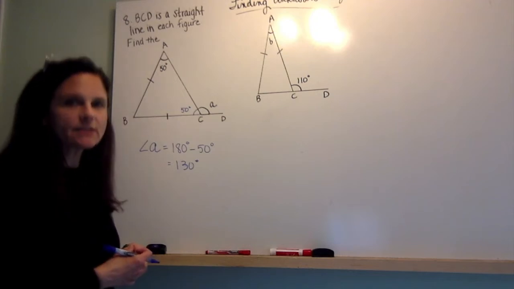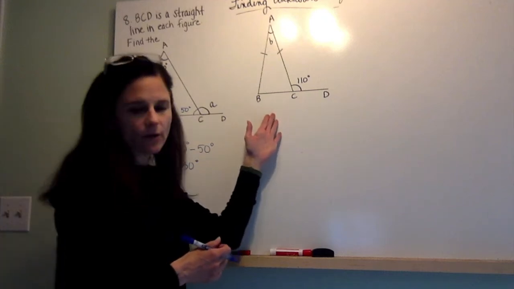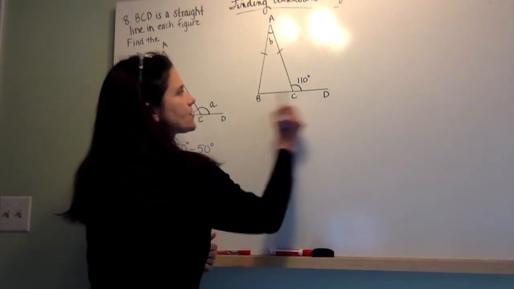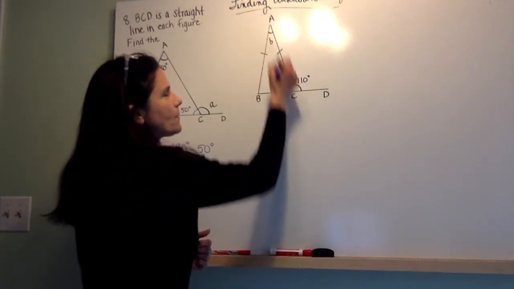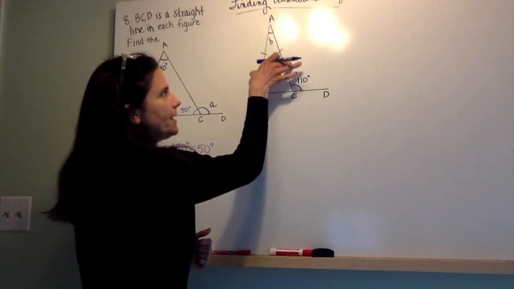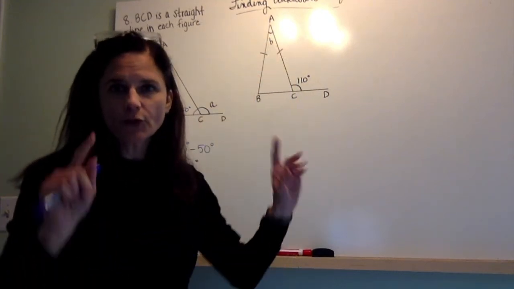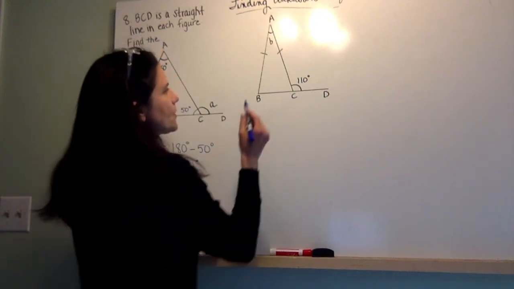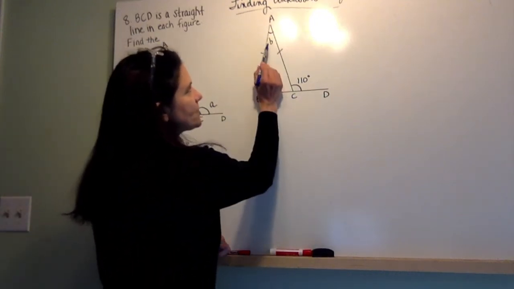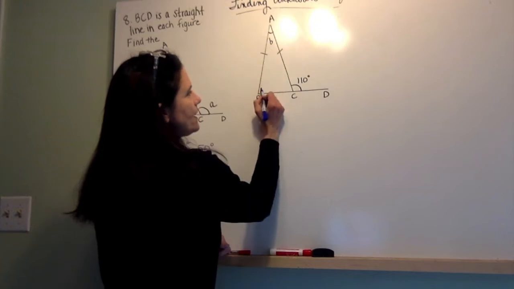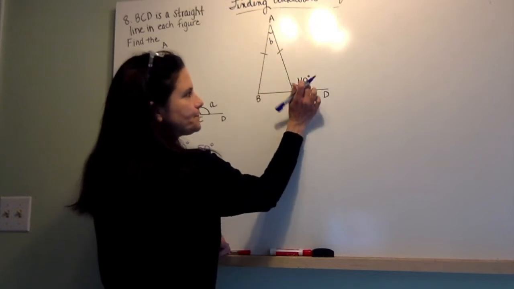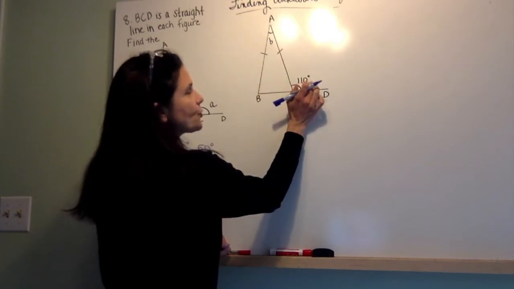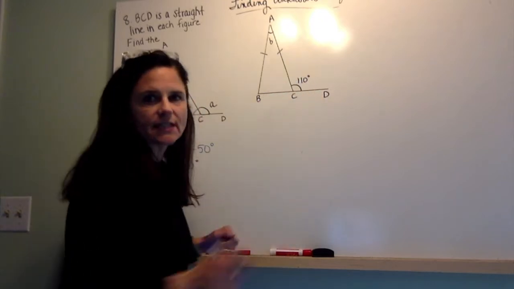Okay, let's look at the second isosceles triangle here. In this figure, again, this is a straight line. We are told that these two lines are equal. They make up a triangle, so if the two sides are equal, then we know the two angles opposite those are equal. So we're asked to find angle B, and then we're only given the external angle of 110 degrees.